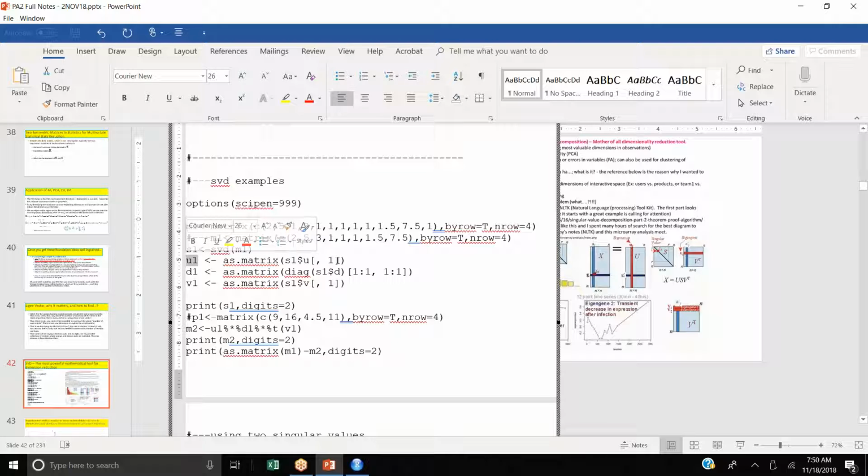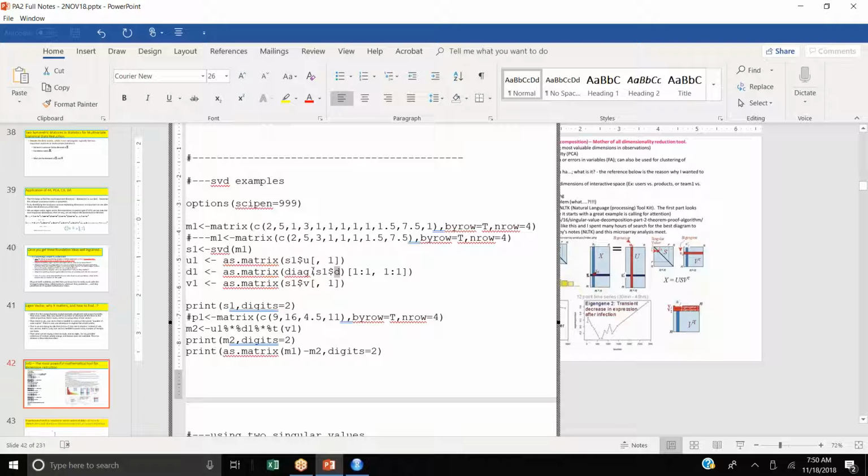U1 is the first left singular vector, associated with the first largest singular value, and the largest first singular value is taken from the D vector.